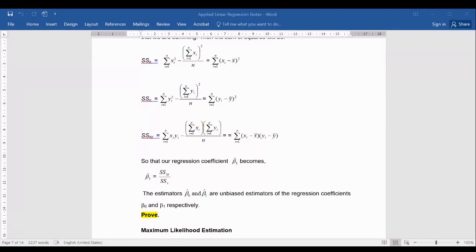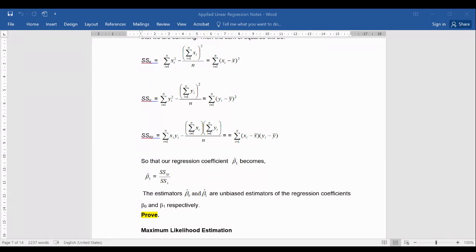We can start. We stopped here in the morning, where we were deriving the estimators of the regression coefficients, or regression parameters. So we have beta 1 hat and beta 0 hat as the estimators of the regression coefficients, or as the unbiased estimators.